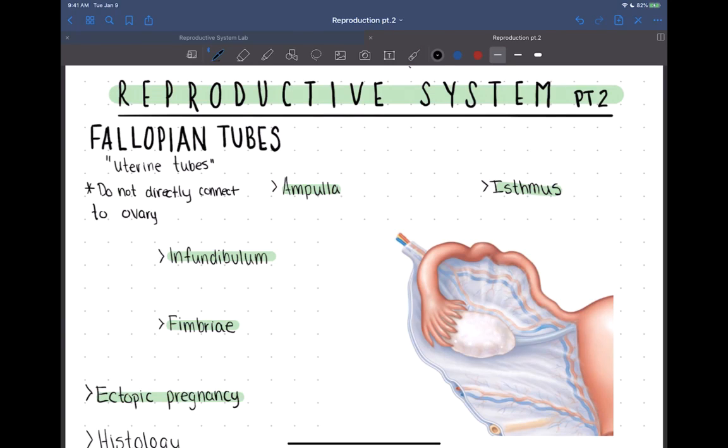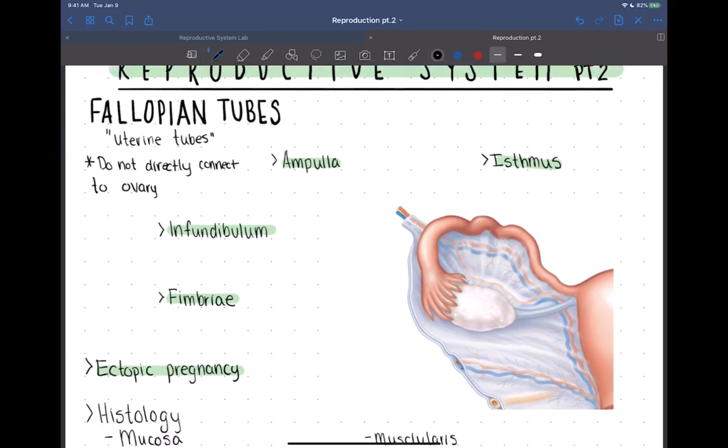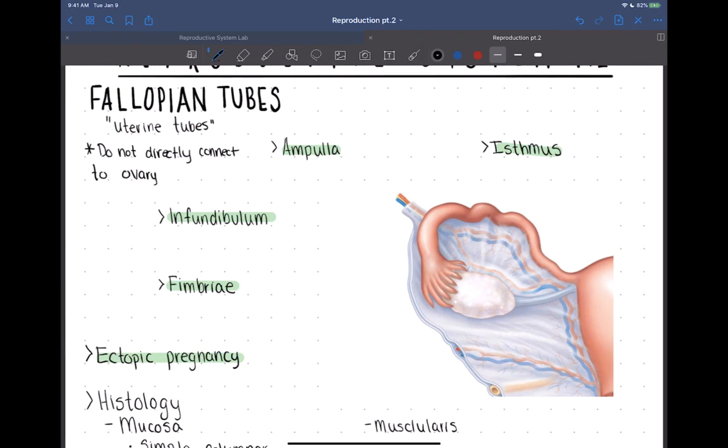The first part closest to the ovary is called the fimbriae. Fimbriae are finger-like extensions, these guys here. They extend and lay on top of the ovaries, and the epithelium on the fimbriae is covered in cilia.